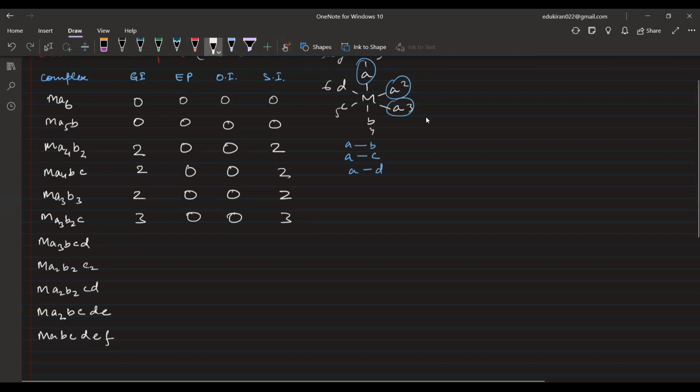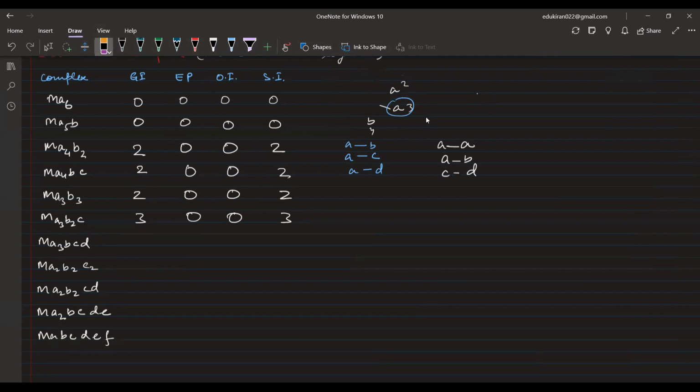Now we can make another structure in which A is trans to A. When we have 180 degree between the ligands, that is trans position. So AA, then you can have AB, then you can have CD, right? So this will be a completely different configuration, and this is another geometrical isomer. I'm not going to make all the structures like this, but we are going to identify the number of geometrical isomers using this part.